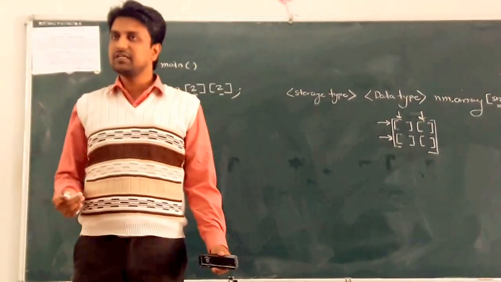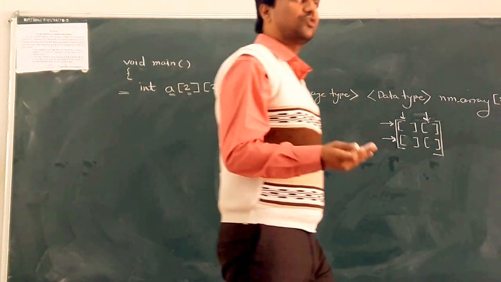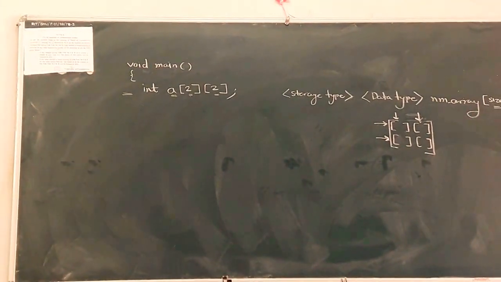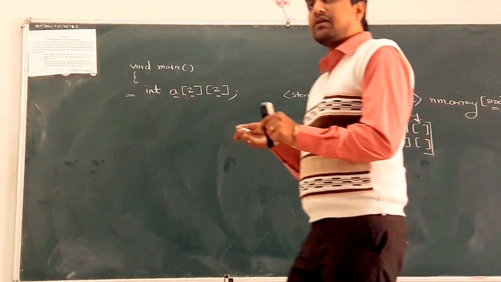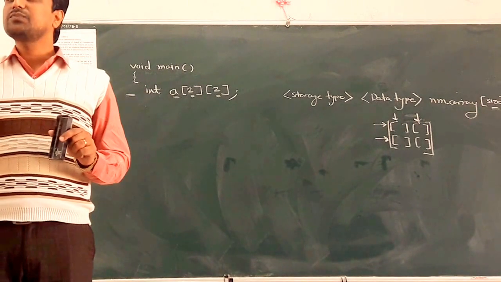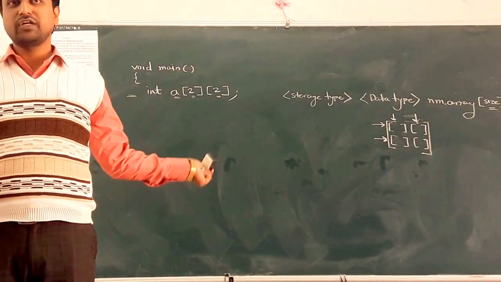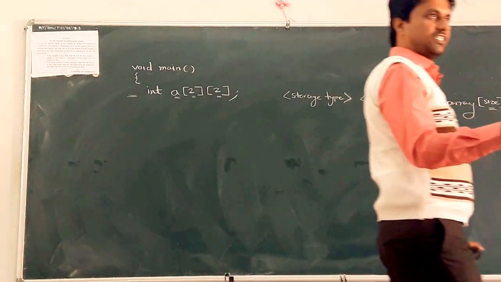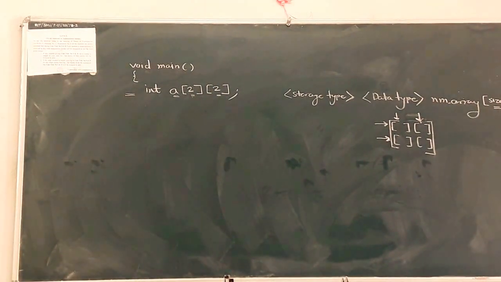Next thing is how to initialize the two-dimensional array. We can initialize two-dimensional arrays statically as well as dynamically. Statically means prior, at compile time, we can specify the elements in that particular array. Then we can call it static initialization of a two-dimensional array.